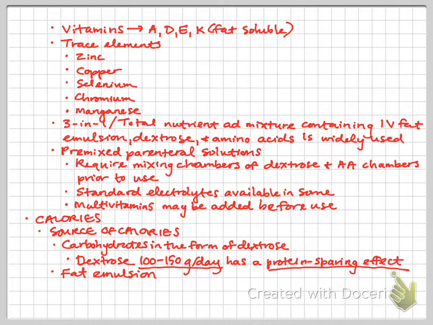Well, it's not like we can just give butter IV, as much as Paula Deen would love to be able to do that. We actually have to emulsify the fat before we put it into the patient's vein, because that fat is not passing through the GI tract, and so that fat has to be emulsified to go into the bloodstream and be able to be carried throughout. Remember, fats are hydrophobic.